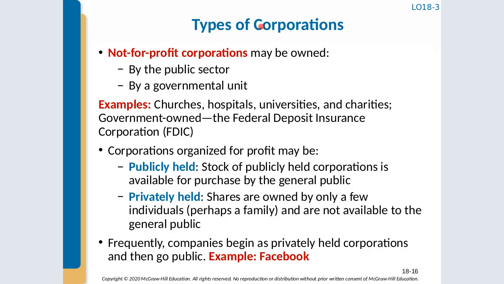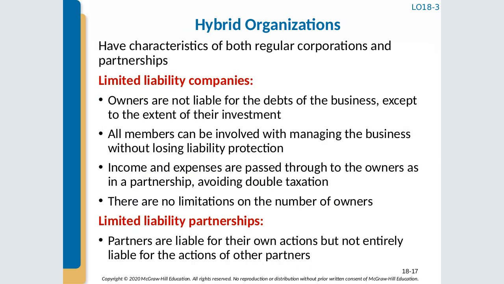However, corporations are very common, and we can see them in different industries and sectors. We have not-for-profit corporations. We also have publicly held corporations and privately held corporations, all right? Sometimes they start as private and then they become public.